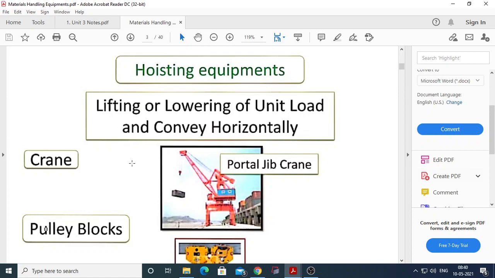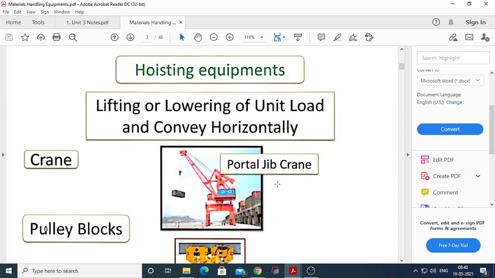And what are the cranes? Cranes, see there is a portable jeep crane shown in that picture. Okay, jeep crane with a rotary pillar added. Sometimes stationary cranes we use with the turntable. Then gantry cranes, there are different types of cranes we use.